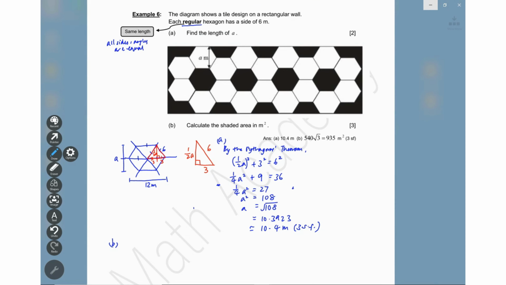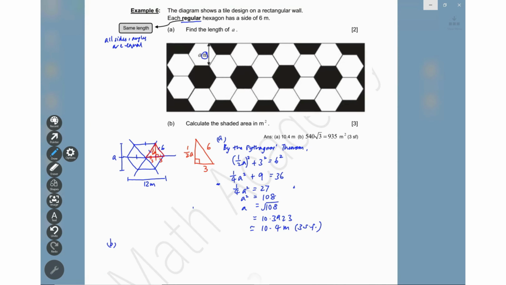Part B, you're asked to calculate the shaded area in square meters. We are already using meters, so we do not need to do any conversion. To find the shaded area, our plan would be to take the area of the rectangle minus away all the unshaded parts, which are the unshaded hexagons.